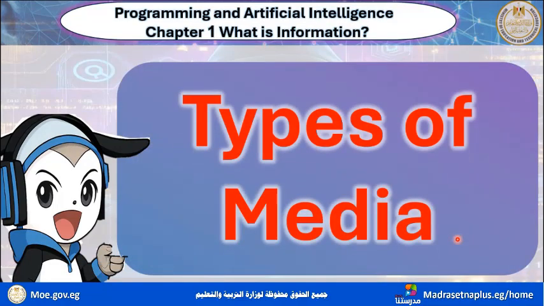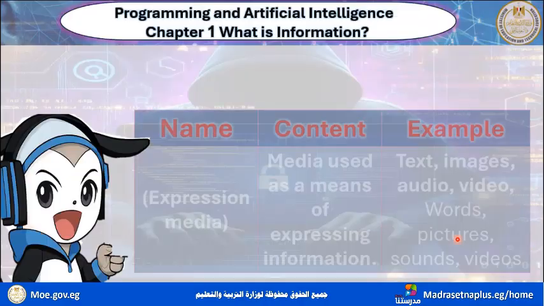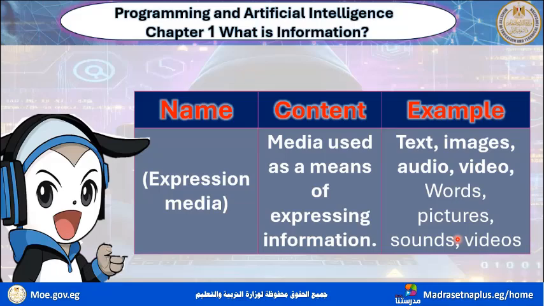Well, what are the types of media? Are there types? Yes, we have types of media. Starting with expression media. So, this is the first type. Expression media, we use it as a means of expressing information. So, we use it to express information. Do you want an example for it?